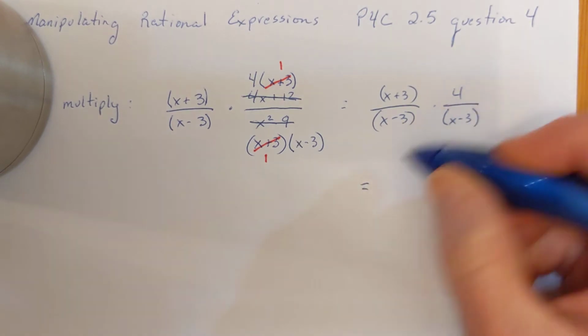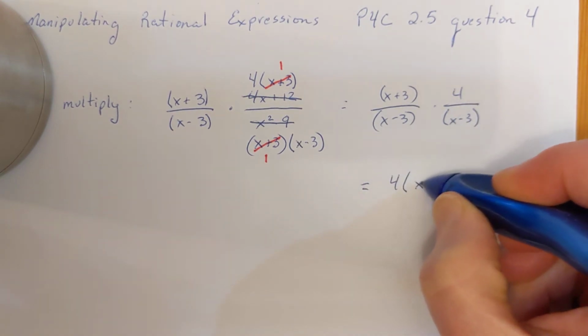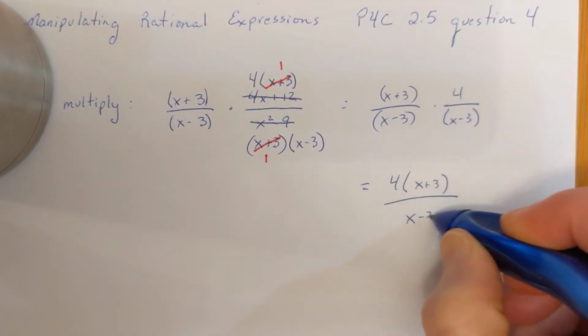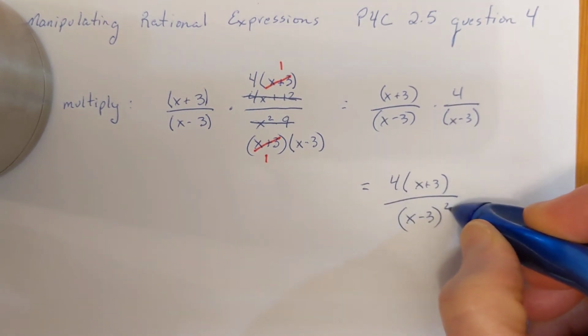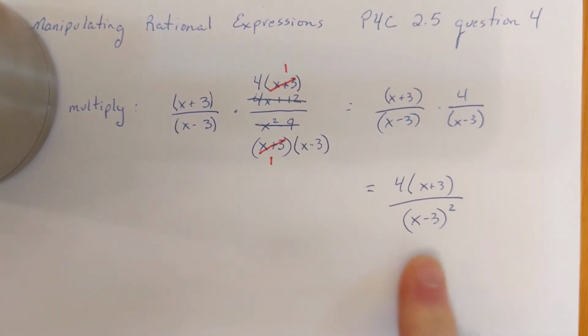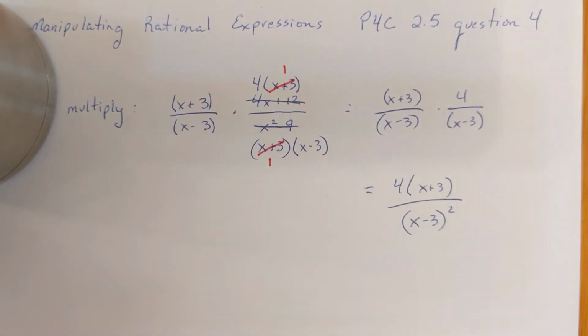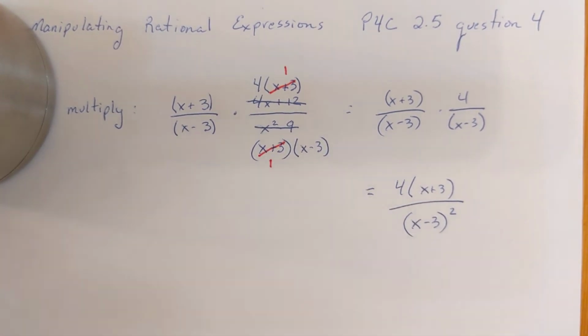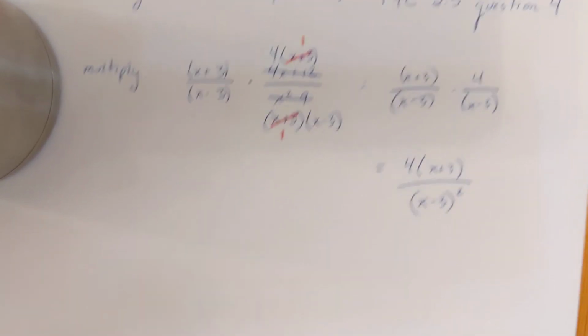So this is going to give me 4 times x plus 3 over x minus 3 squared. I would leave it like this in simplified form rather than expanding things out, because odds are whatever I do with it next, it's going to be easier if I have it already in simplified form or factored.